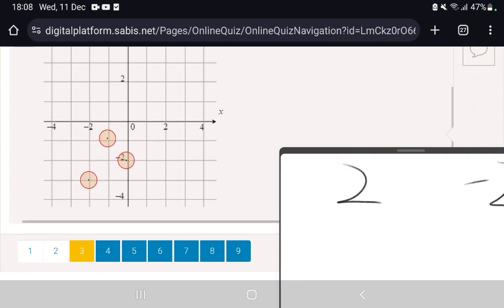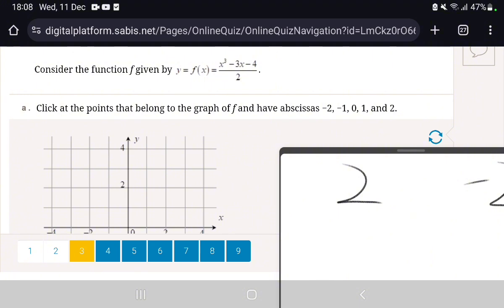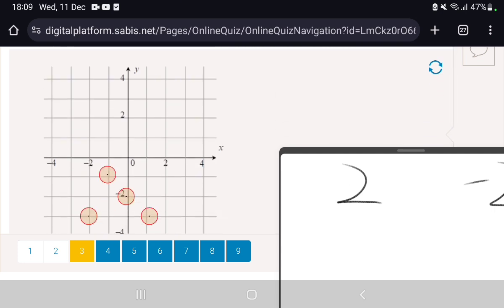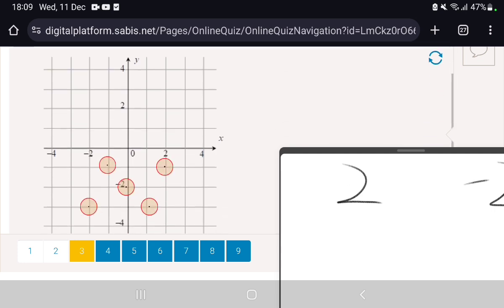So 1, negative 3. And then if we substitute by 2, we will get 8 minus 6 minus 4 divided by 2, we'll get negative 1 right here.